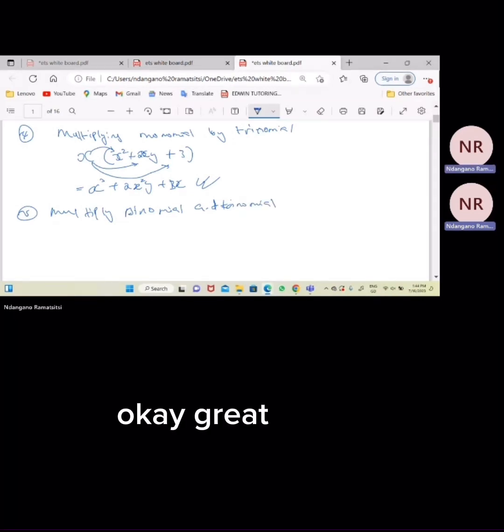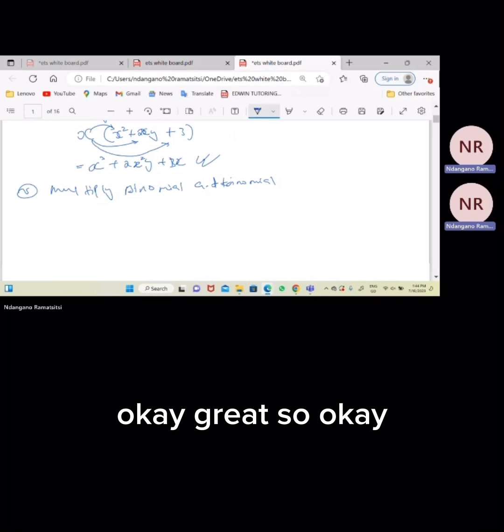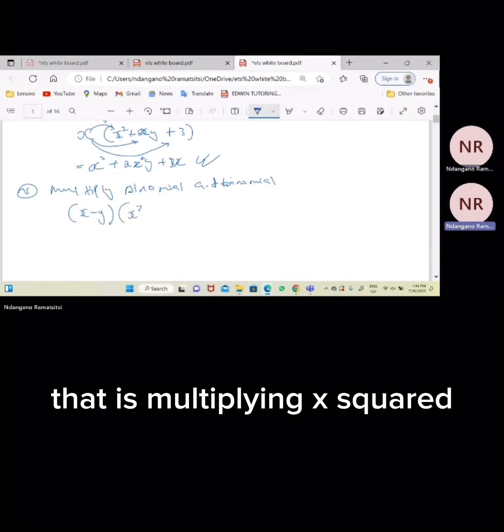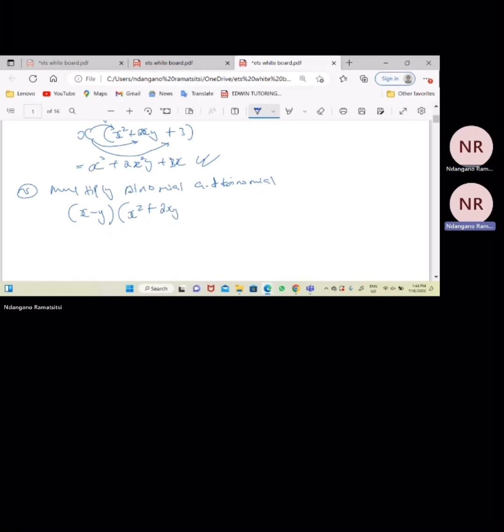And trinomial. Okay, great. So we are given x minus y that is multiplying x squared plus 2xy plus 3. Great.